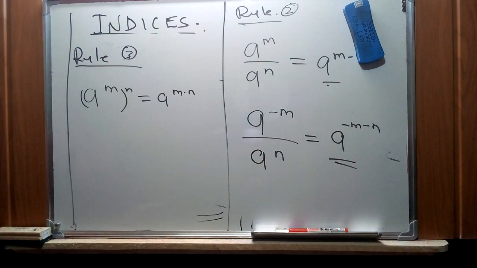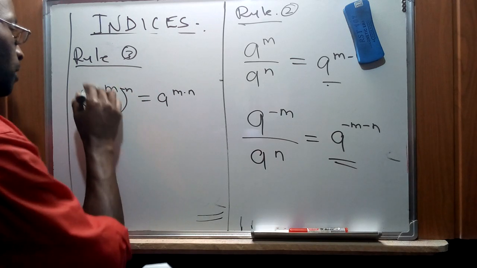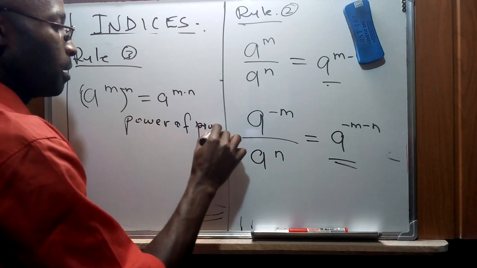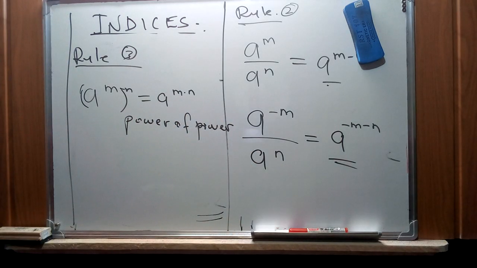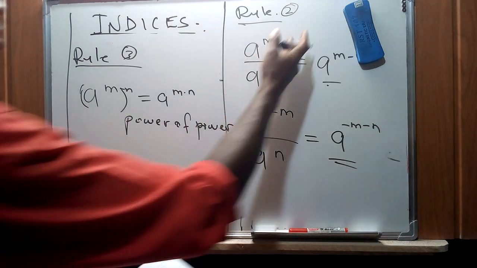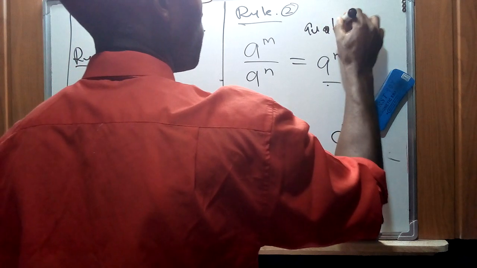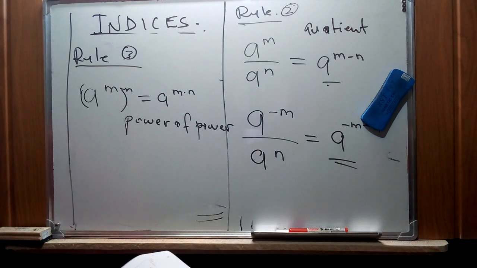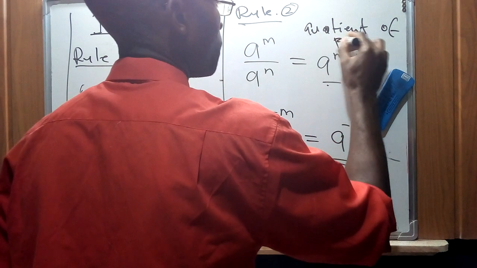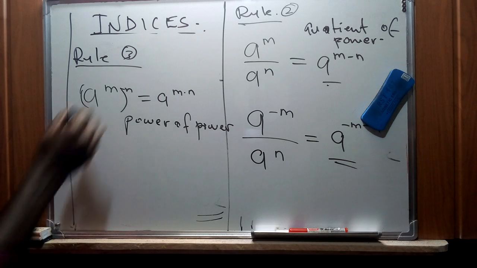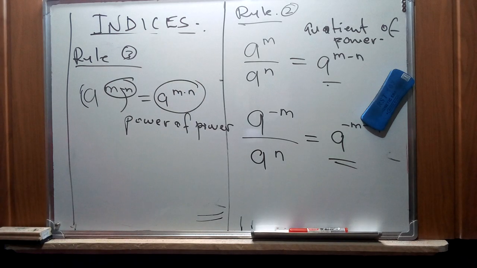So in case we have a power of another power, then we are going to have that rule apply. The first one we said was a product of powers. The second one, rule number 2, is a quotient of powers, and the third one is a power of another power, which is going to be written like that.